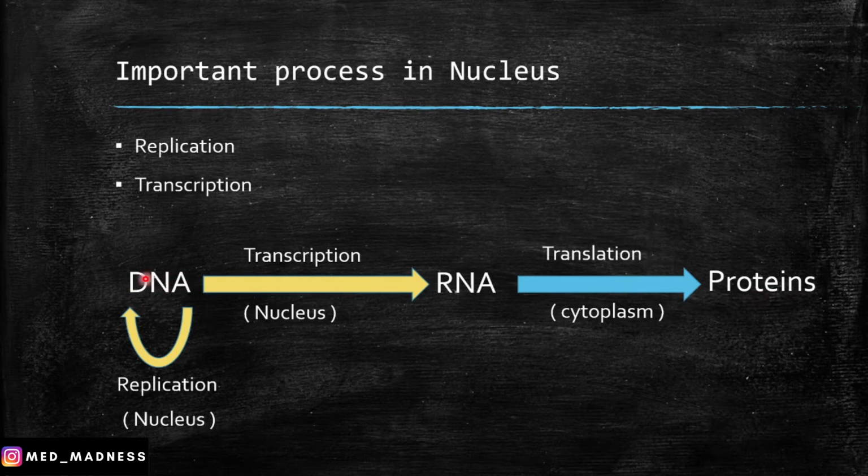DNA is a blueprint that comes from the father and mother, and from the DNA, RNA is produced via transcription. And from the RNA, the proteins are made. This process is translation. This is how the genetic information from the DNA is transferred to RNA, and from the RNA proteins are made.